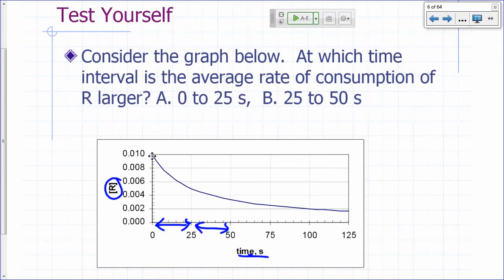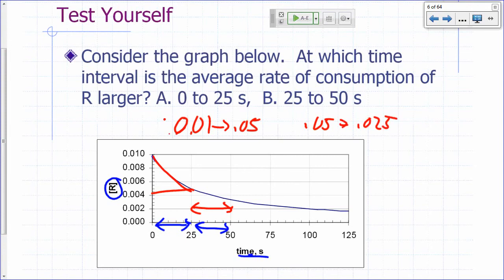So here you went from 0.1 to 0.05 in 25 seconds, but in this 25-second interval you just went from 0.05 to 0.025. There's a bigger change here within the same time interval as here. So you can see the steepness of your curve gives you an indication of your rate. The steeper your curve, the faster the rate. The less steep, the slower the rate.